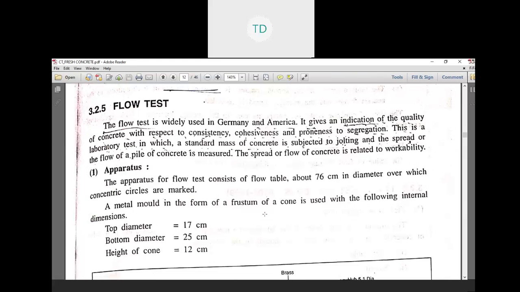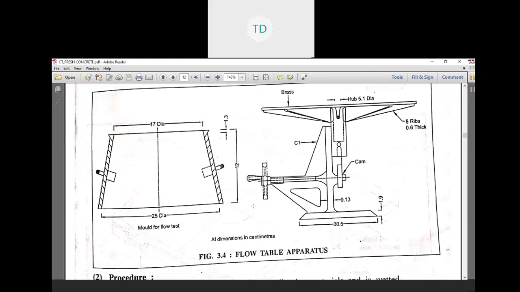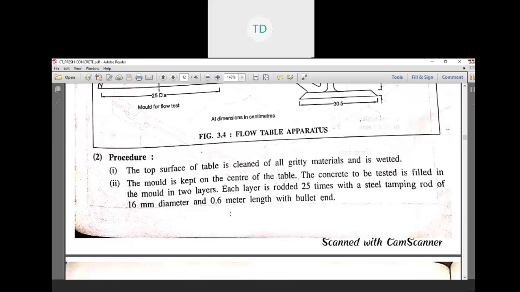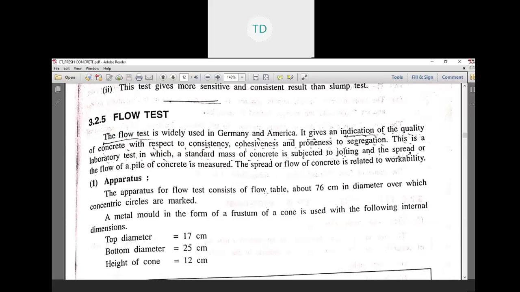Next one is the flow test. What is the flow test? Let us discuss the flow test. The flow test is widely used in Germany and America.